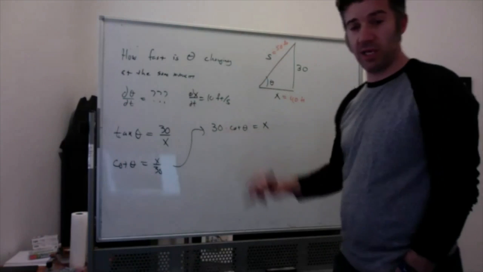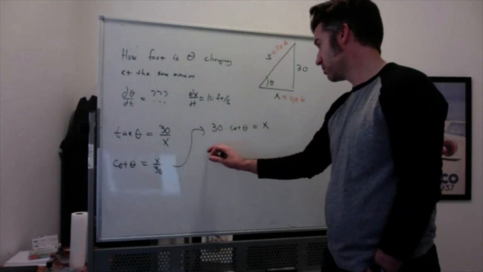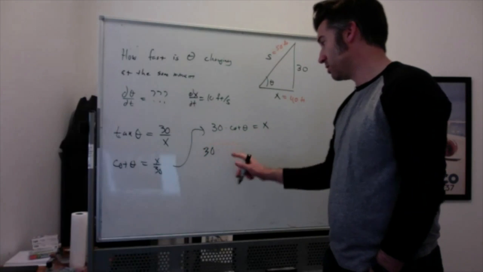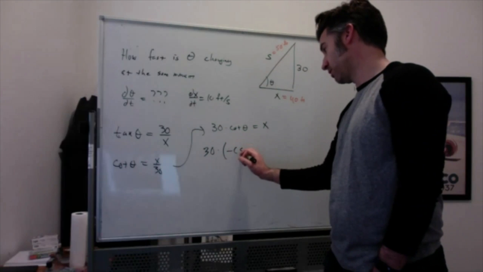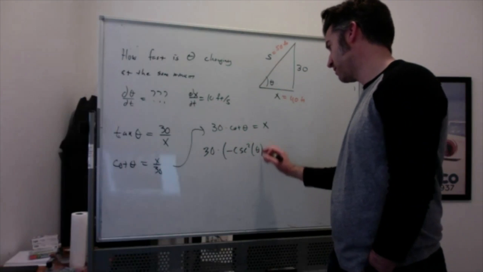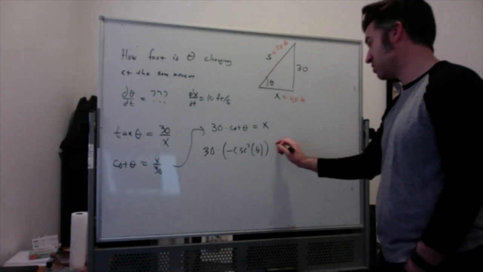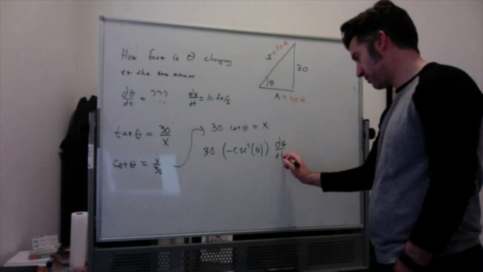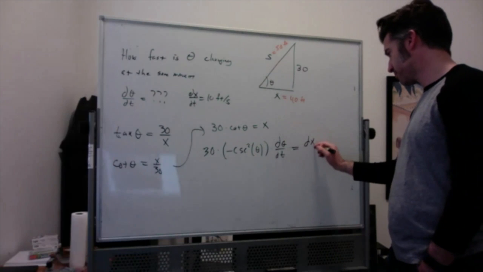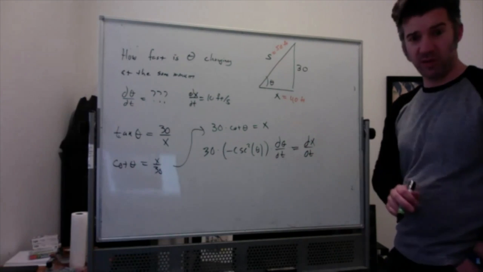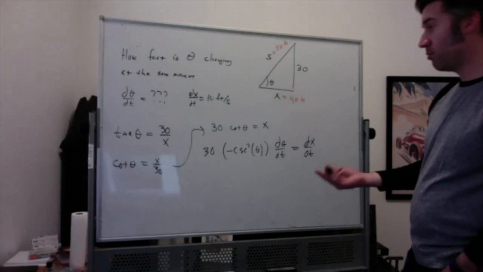So I'm going to differentiate both sides. I'm going to get 30 times, the derivative of cotangent is negative cosecant squared, negative cosecant squared of my stuff times the derivative of my stuff, equal to the derivative of x. Plug in.